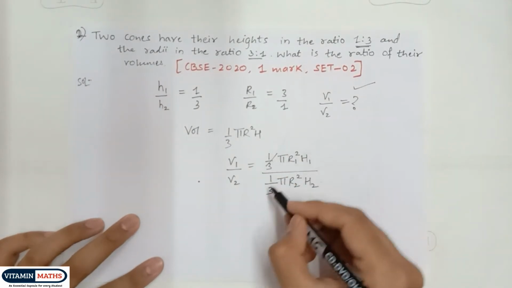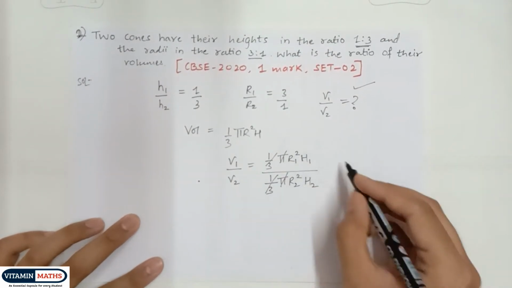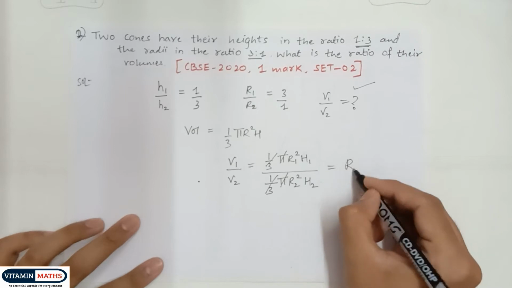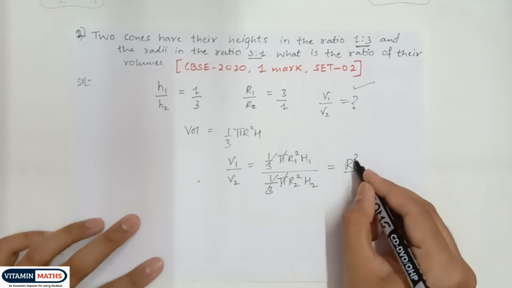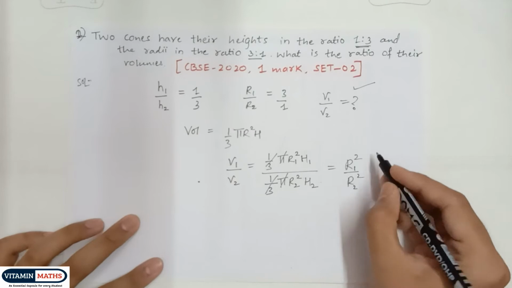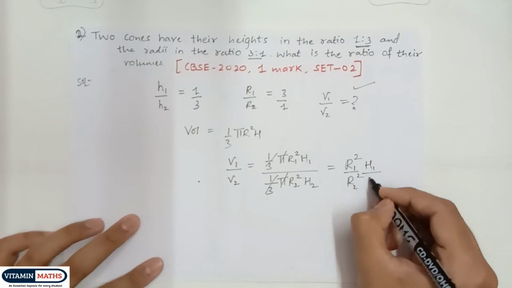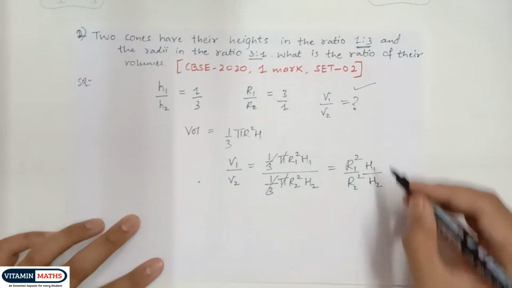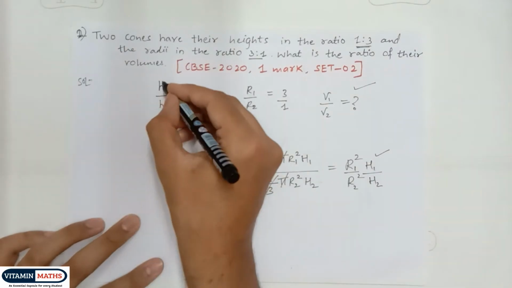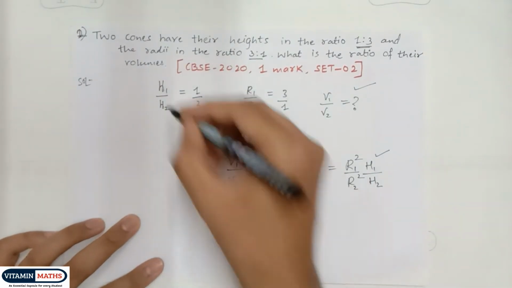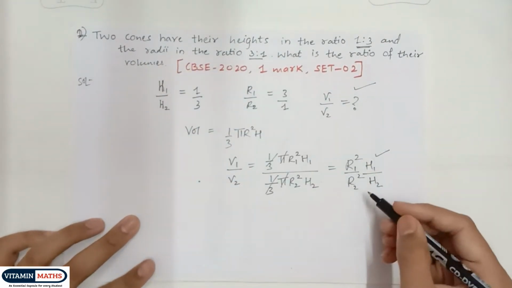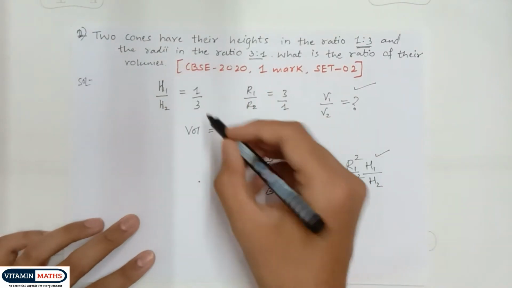So 1 by 3 pi, both are constant, they get cancelled. So r1 square by r2 square into h1 divided by h2. Already we have h1 by h2, which is 1 by 3.